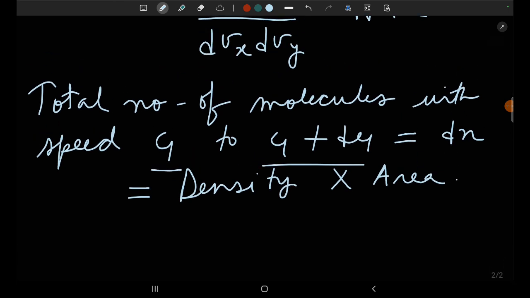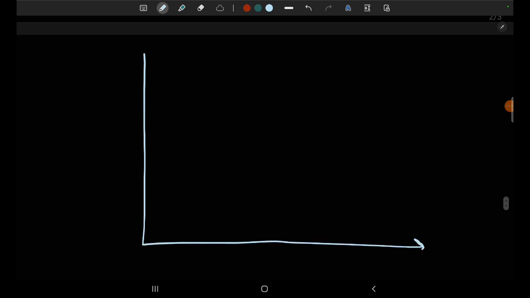This was simple, but what will this area be? Will this area be the area of a single rectangular box or not? Now, again, let us go back to our picture of the coordinate system, Vy.